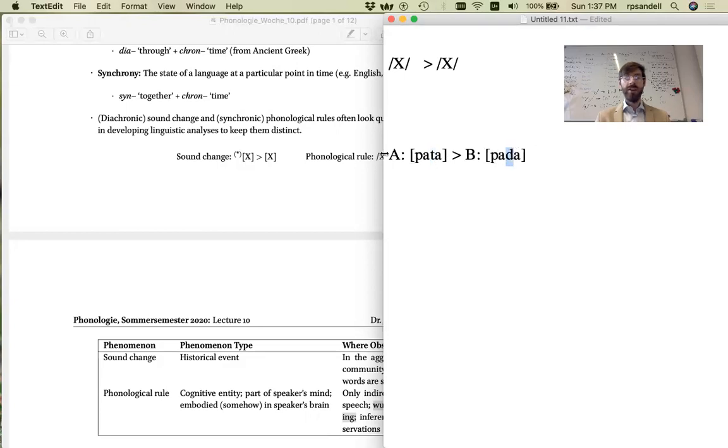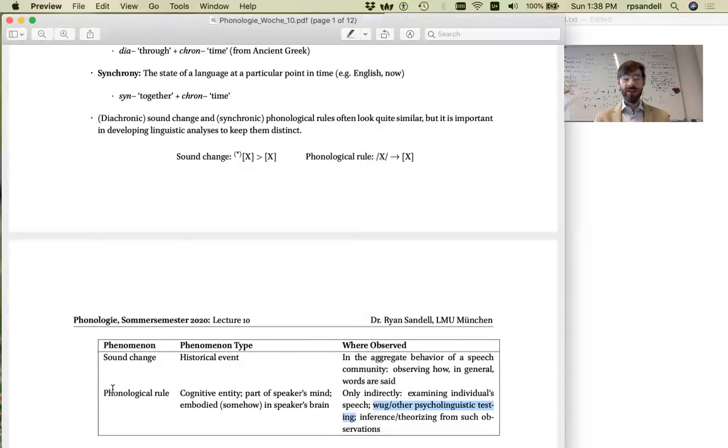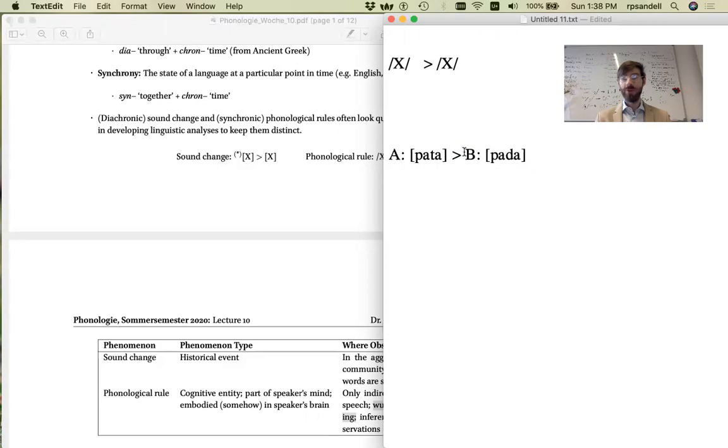We don't know in language A or language B, because we only have this one data point, what the psychological status of any phonological rules might be that relate to these coronal stops or to this observable concrete sound change.